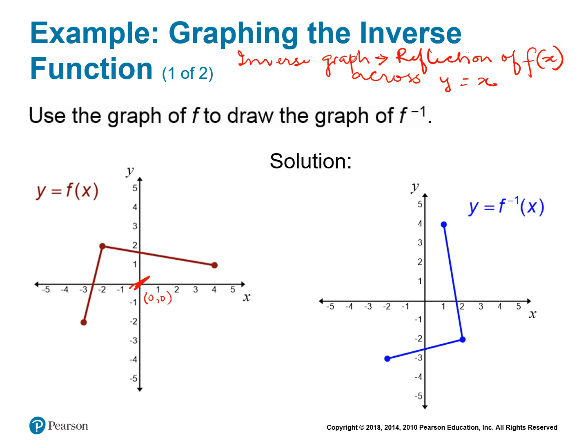So if we draw a line through the point of intersection, this is the line y equals x, and the inverse graph will be a reflection of this graph across the line y equals x. So what was here will be reflected across here.